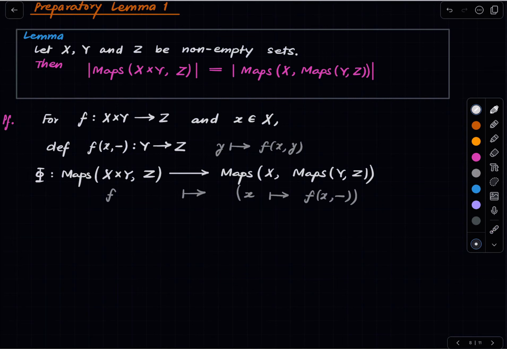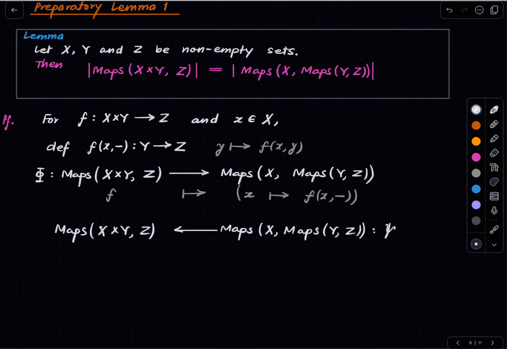So define, maybe I'll write it in somewhat non-conventional way. So we will define a map from this set to that set. So it is also the natural definition. You are given something, let's call it, maybe, G. Not a great symbol, but anyway.